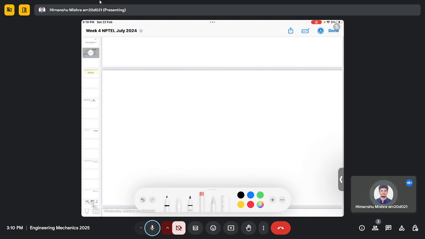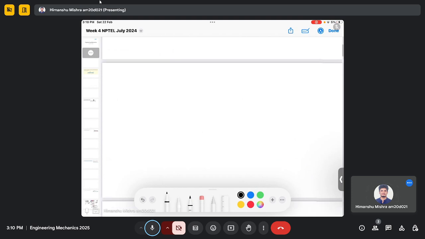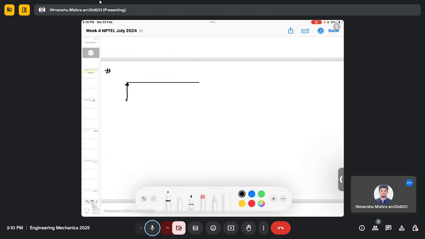So first we will consider an example problem where we consider a simply supported beam.